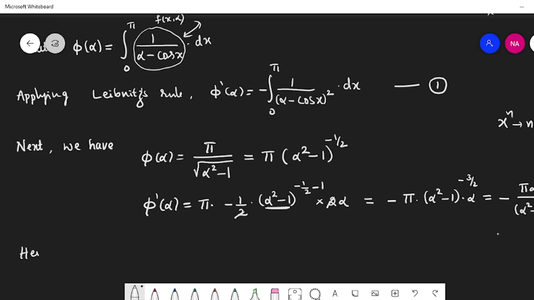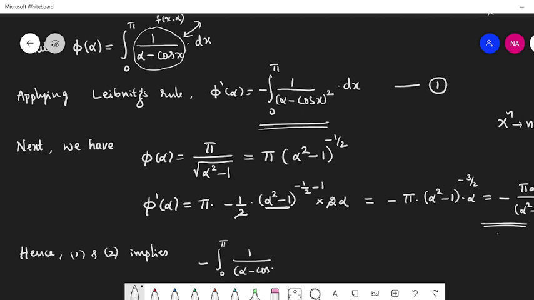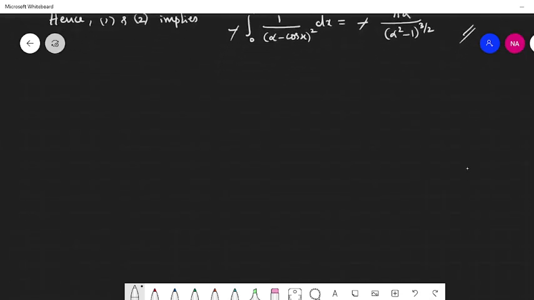Hence, if you take this as equation 2, from equation 1 and equation 2, we have minus integral 0 to pi 1 by alpha minus cos x whole square dx is equal to minus pi alpha divided by alpha square minus 1 whole power 3 by 2. So minus minus get cancelled. Finally, I got the result. So that completes the first problem.